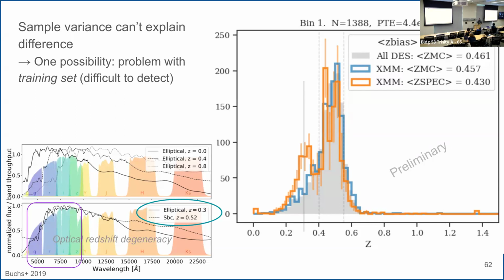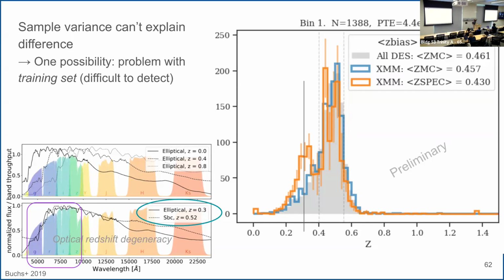So one can imagine that if your training set had more of the 0.5 relative to the 0.3 compared to the DES lenses, then you might be misclassifying a bunch of these 0.3 galaxies as 0.5 and maybe get something like this.